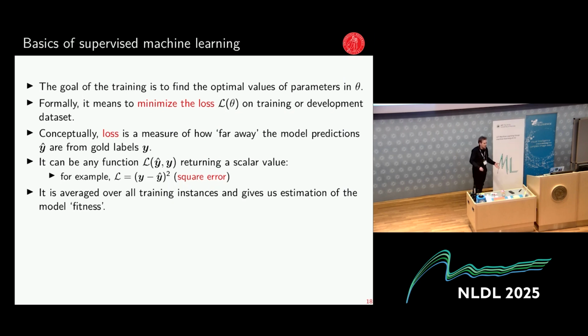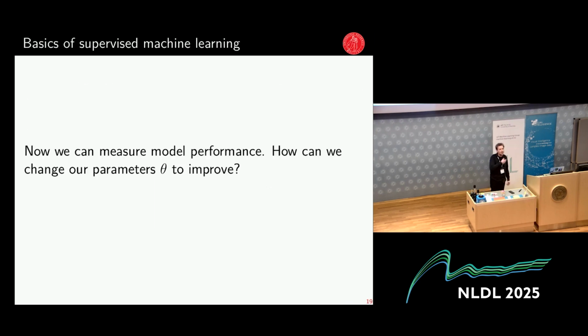So this is the measure of how good the model is, how fit it is to the training data. And then we just want to find the set of parameters, basically this matrix W, which I mentioned before, which minimizes the loss, right? Which makes it so that the model has the lowest loss possible.